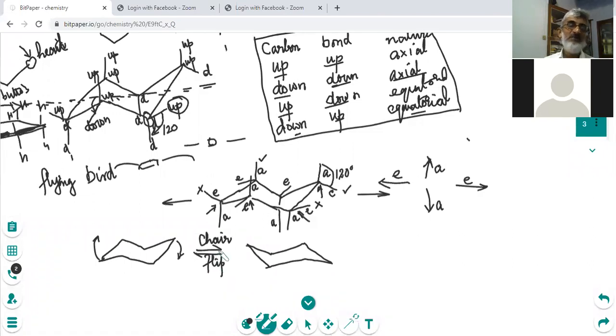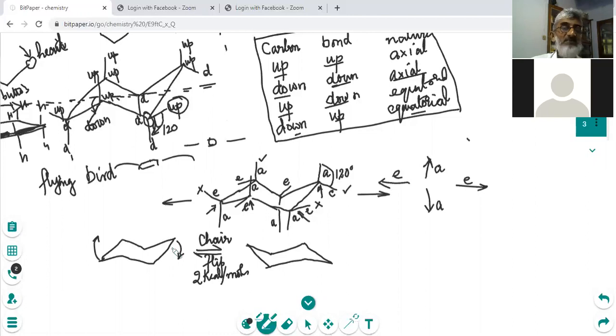And remember, this requires energy, very small amount of energy, something like 2 kilocalories per mole, which is obtained by Brownian movement itself. Since the molecules are hitting with each other, some amount of energy is released.